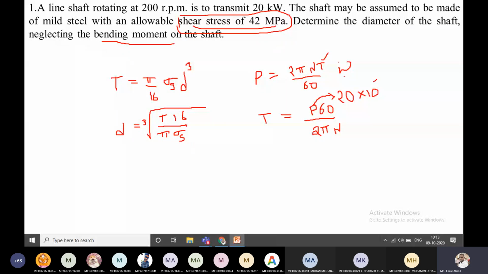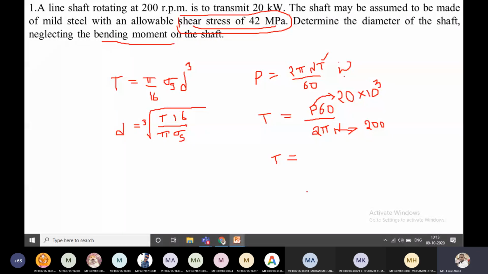Now let me ask what is the T value, the torque value. Make it fast: P value 20 into 10 cube, N value is 200.